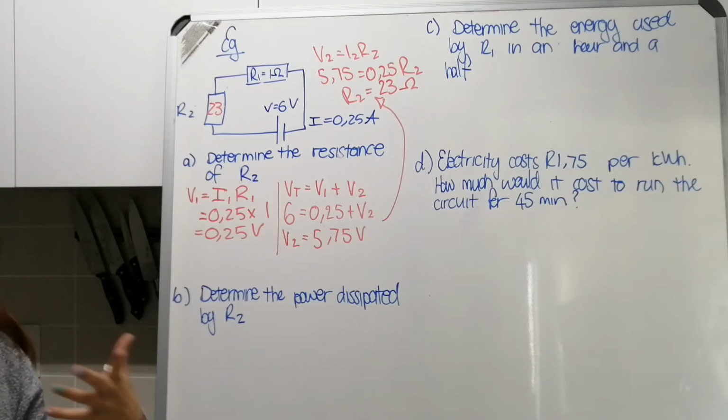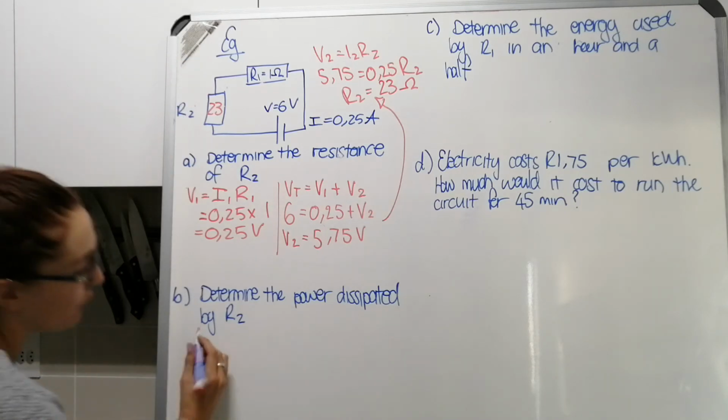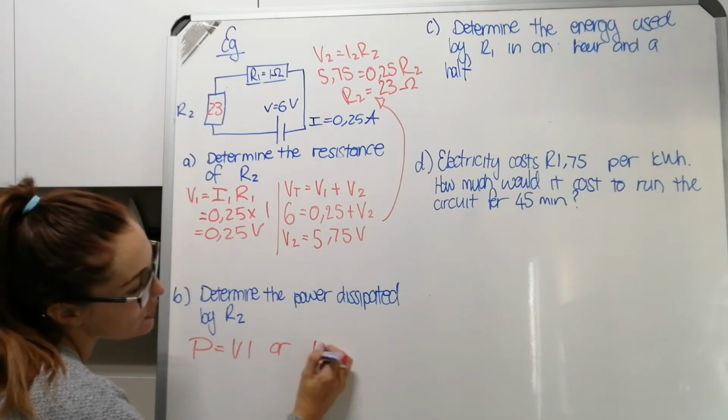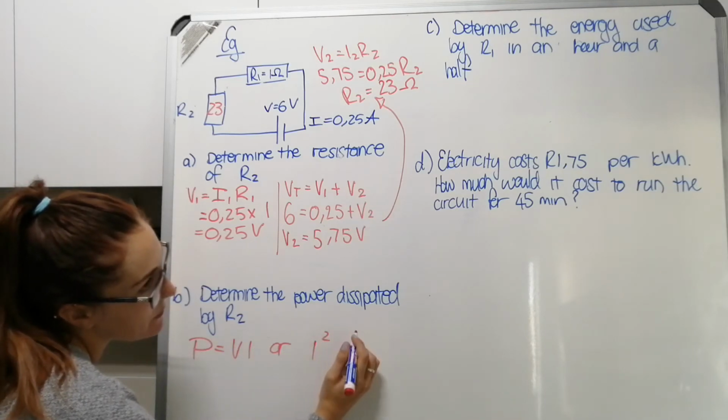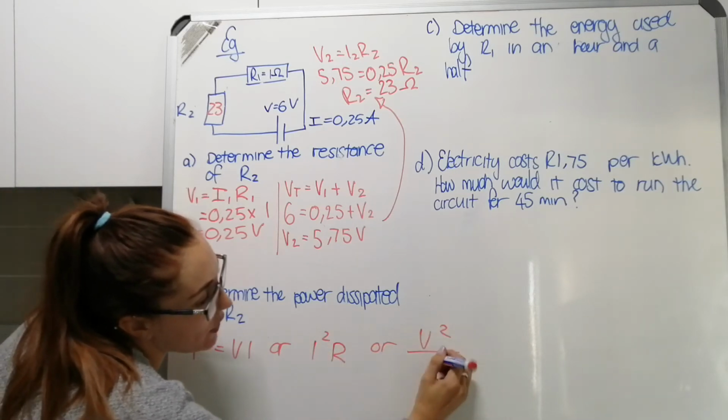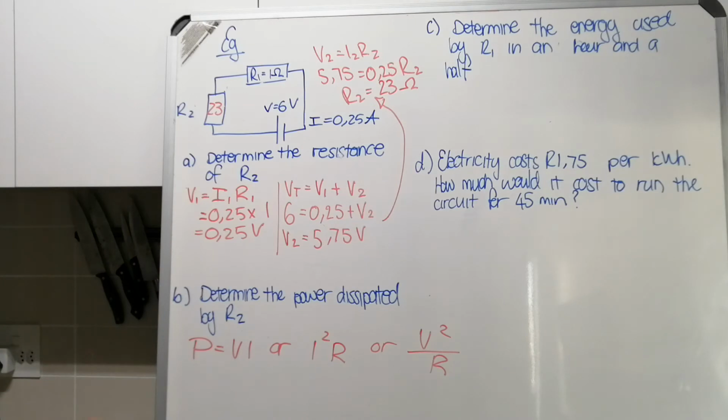So we can pick any of the power formulae. Remember the power formulae? We're either going to go V times I, or I squared times R, or V squared over R. Those are our three options, and we have enough information to pick whichever one we want.